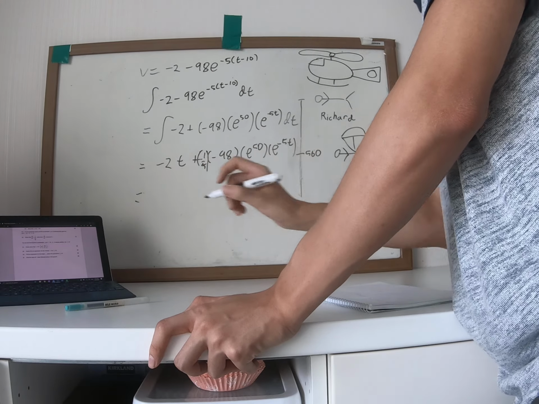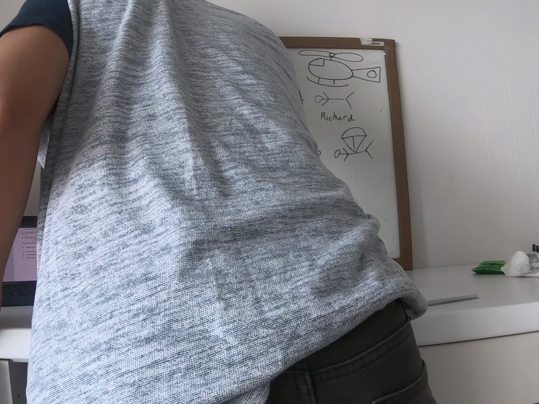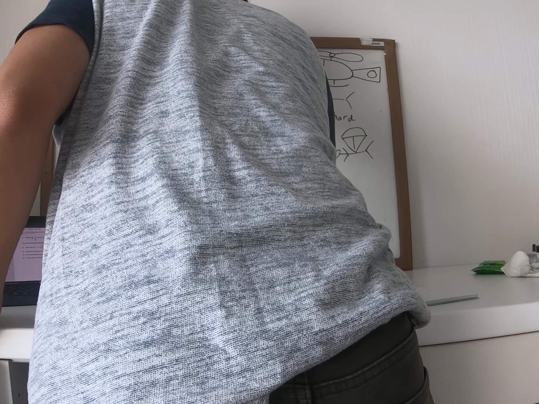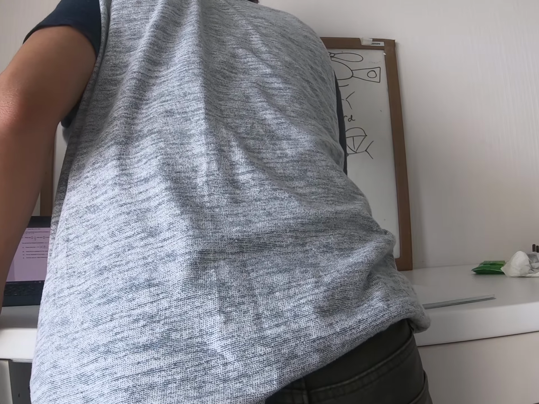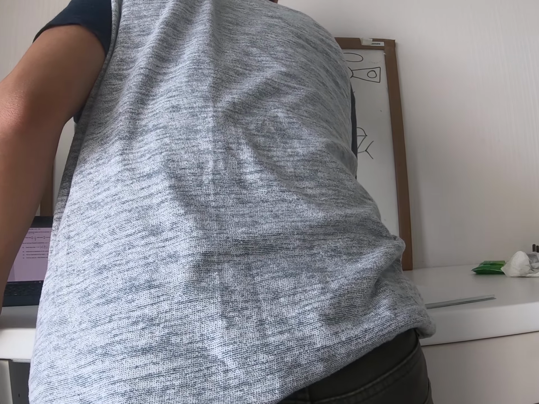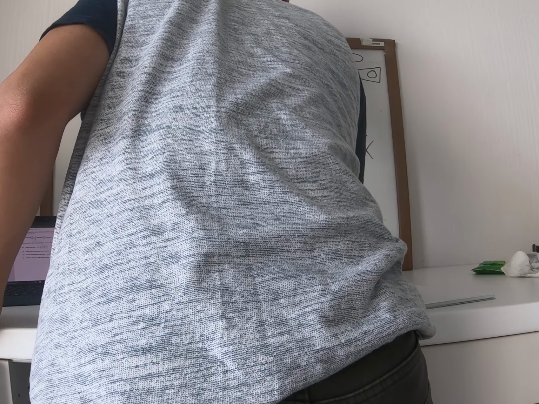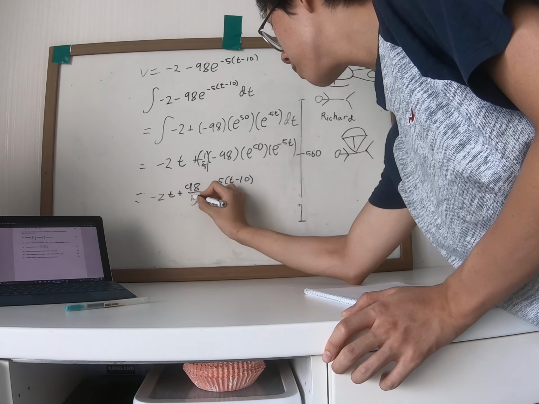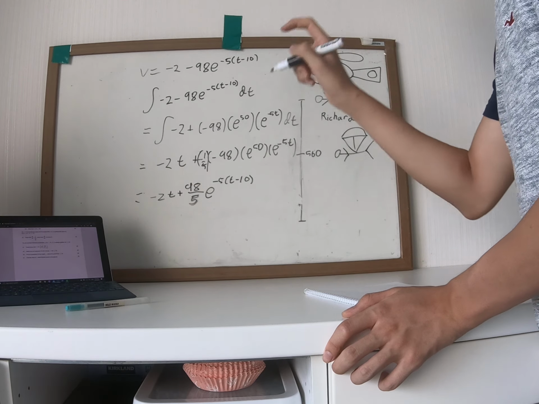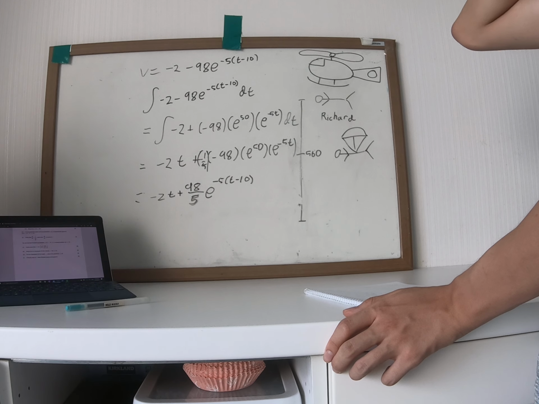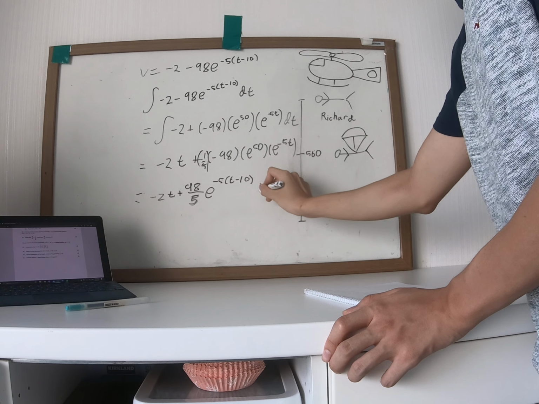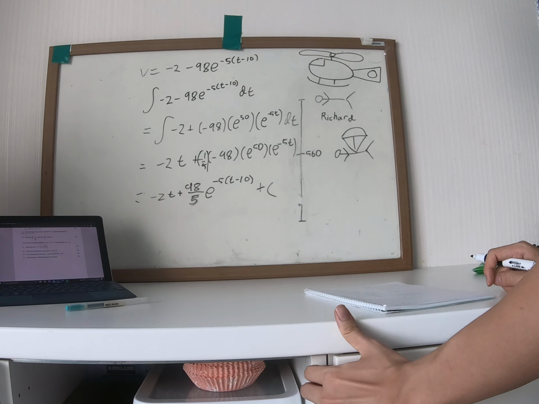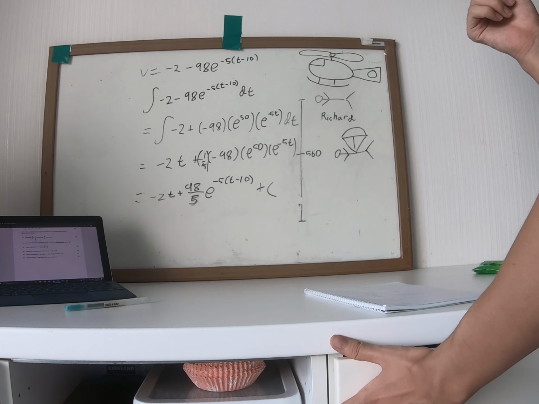And if I simplify this a bit, I get -2t plus 98/5 e to the power of -5 bracket t minus 10. And don't forget plus c again, because it's an indefinite integral. Now the part is to get c. How do we do that?